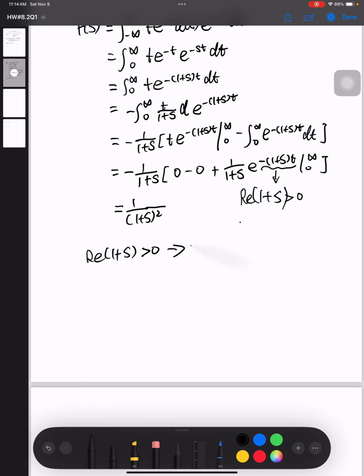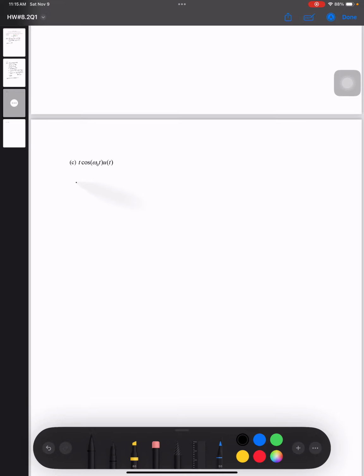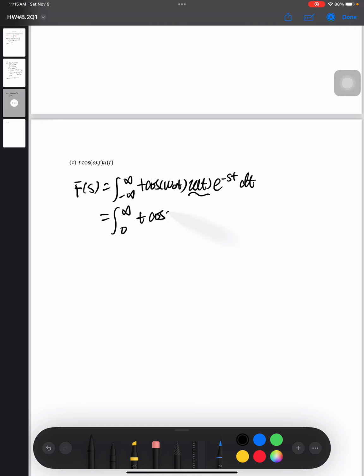And for question C, first we start with the definition of the Laplace transform, which is the integral from negative infinity to infinity of t cos(omega_0 t) u(t) times e^(-st) dt. Since there is u(t), we can write the integral from 0 to infinity of t cos(omega_0 t) dt. Then we use the Euler equation.